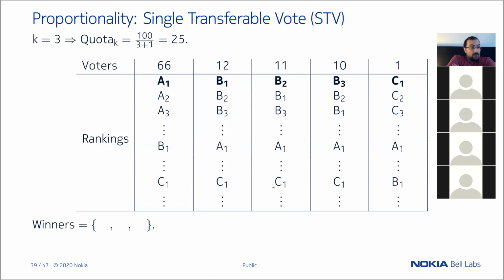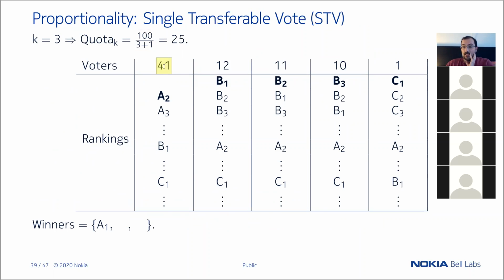Another example of a voting rule that is proportional is single transferable voting. Here I have K equal to 3. So the quota is 1/4 of the voters. You need to have strictly more than 1/4 of the voters to be elected. So of course, A1 has more than the quota, so A1 is going to be elected.